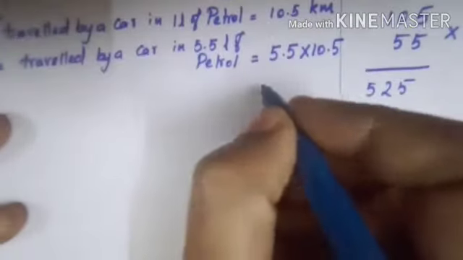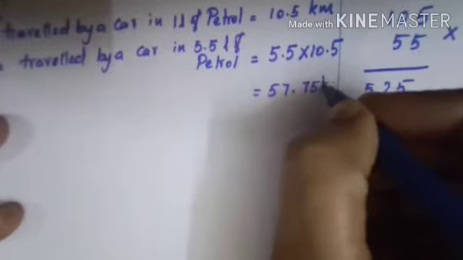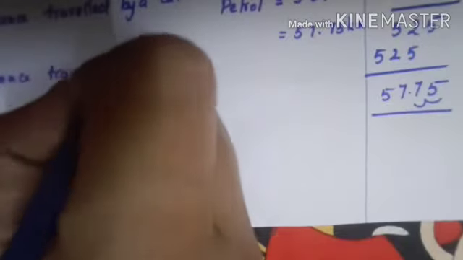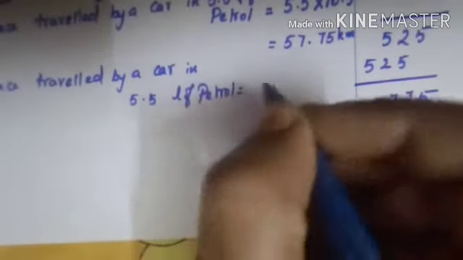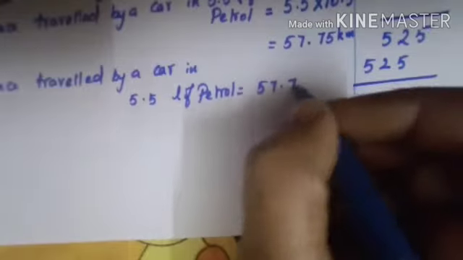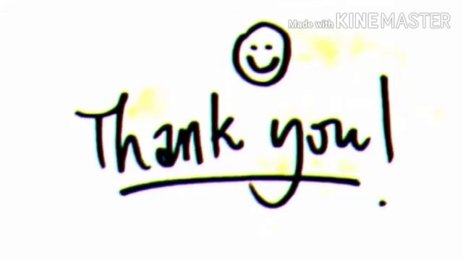So your answer is 57.75 kilometers. So your answer is distance traveled by a car in 5.5 liters of petrol is equal to 57.75 kilometers. Thank you, students.